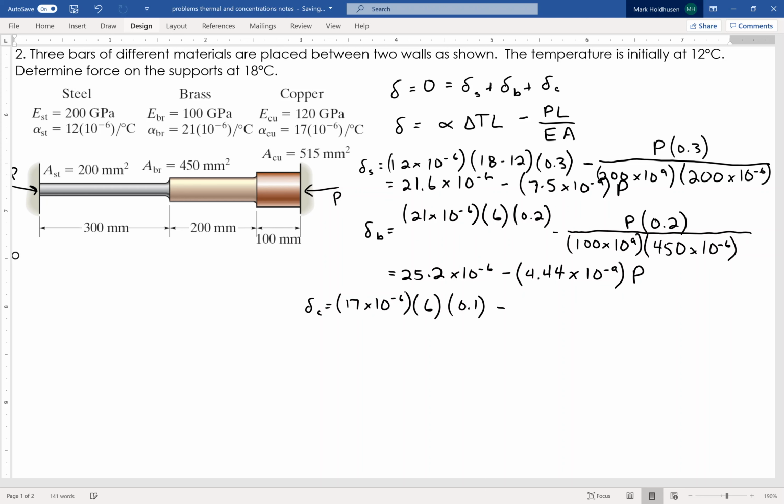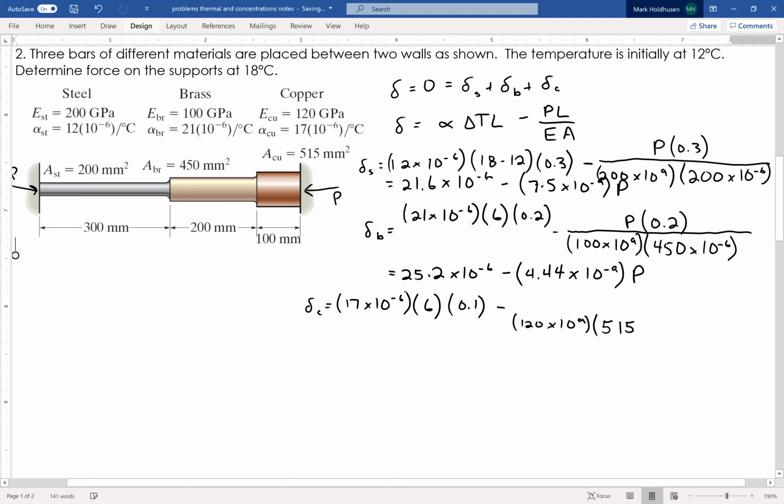I'm going to subtract that. E on this one is 120 gigapascals, so times 10 to the 9th. And 515 square millimeters, which would be times 10 to the negative 6, putting it in square meters. Again, it's the same force going through all of them, so that's going to be P. This guy is only 100 millimeters long, so I get that.